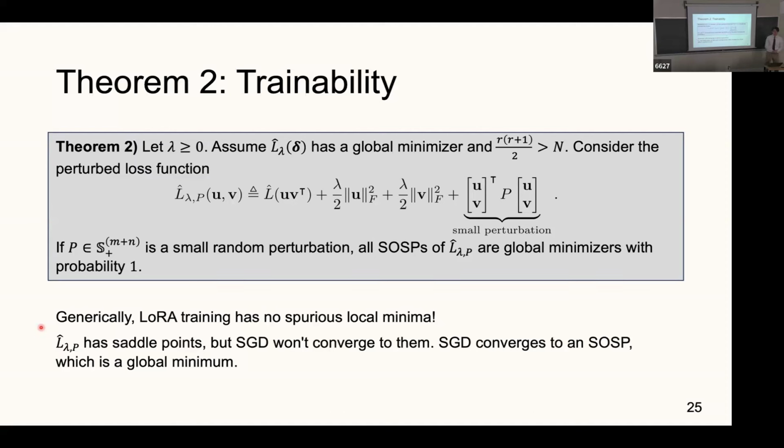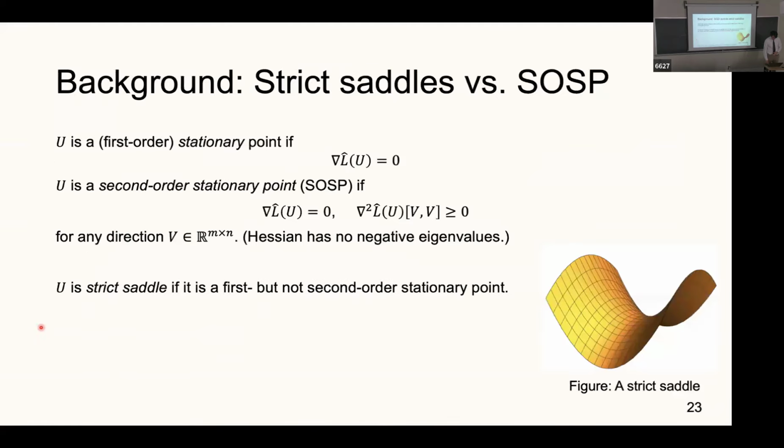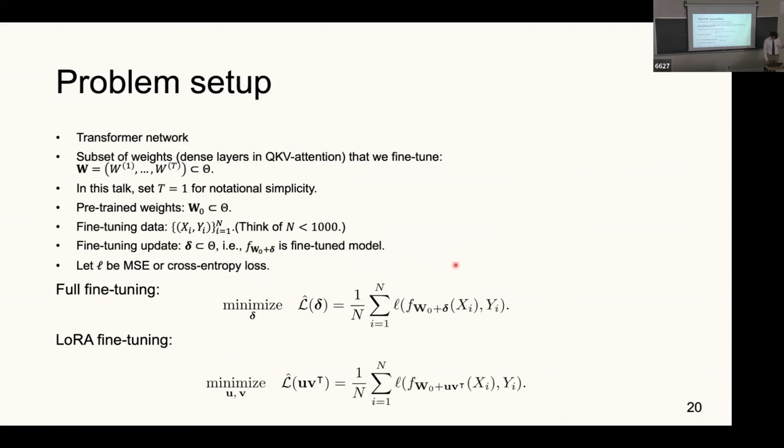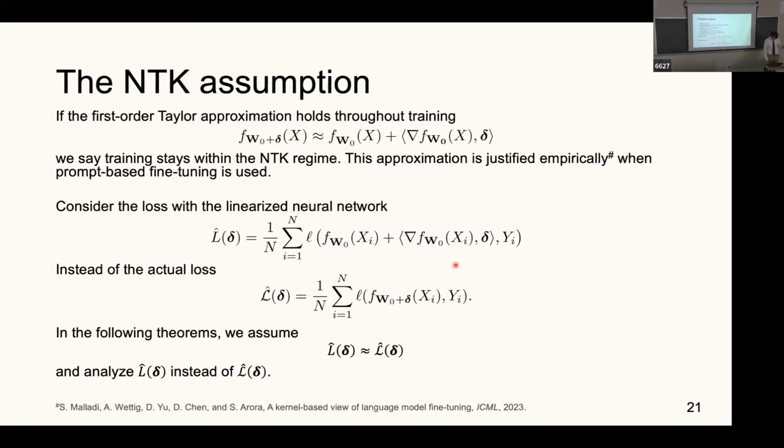Global minimizers. Yes? So are you still talking about all of this in the kernel regime? This is all in the kernel regime. So what's wrong with just saying that it's the same thing as kernel regression, so it's a convex problem? It's not a convex problem because, let's see, it will be convex as a function of delta, but delta is then parameterized low rank.